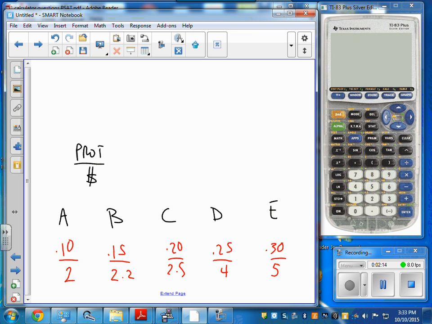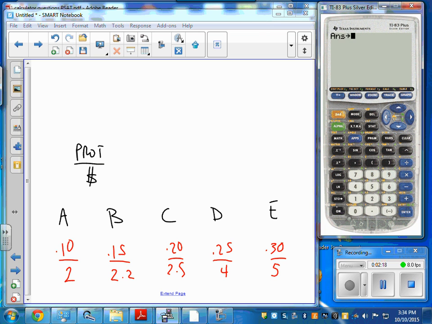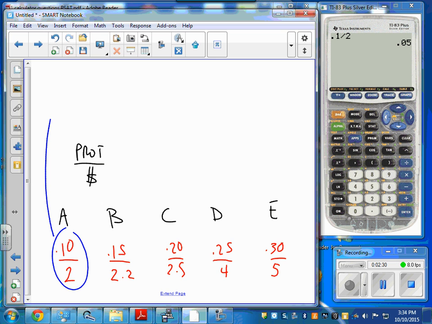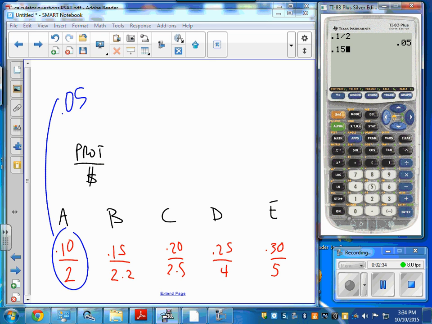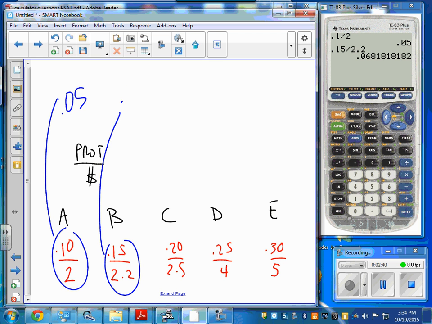We've got to figure out which one gives us the most protein for the money, so you just jump on the calculator and start calculating. 0.1 divided by 2 gives us 0.05. The next one, we have 0.15 divided by 2.2, which is 0.068, so that's a better deal, more protein per dollar.